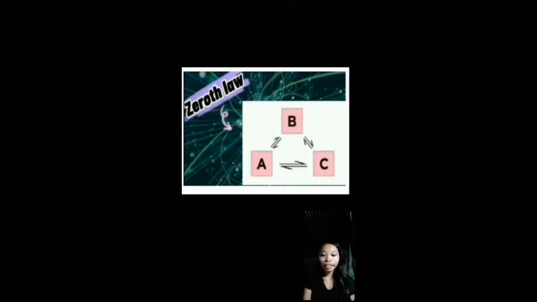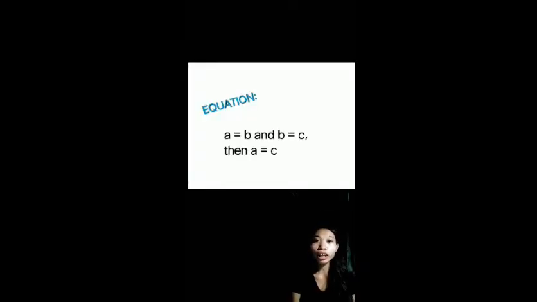Then this system A and B would also have the same relation with each other. So in the equation, A is equal to B and B is equal to C, then A is equal to C. Don't be confused, because it's just the same. It's like congruent, guys.